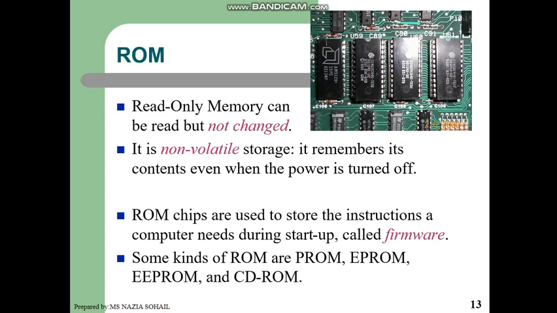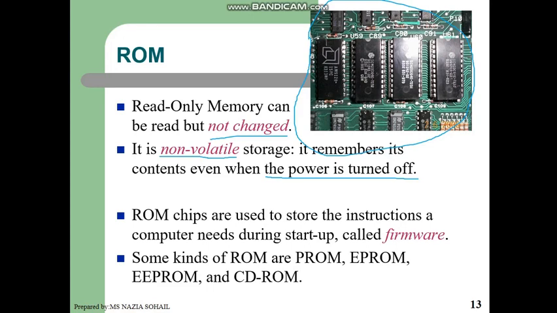In this chapter, read only memory can be read but not changed. For example, when you switch on the computer, it's a complete picture of ROM. Are you watching? It's non-volatile storage, meaning the data is stored permanently. It remembers its content even when the power is turned off, and you see all the information when you switch on your computer.